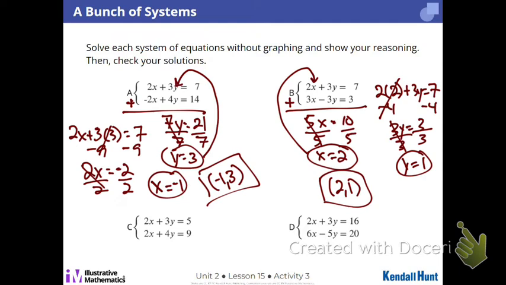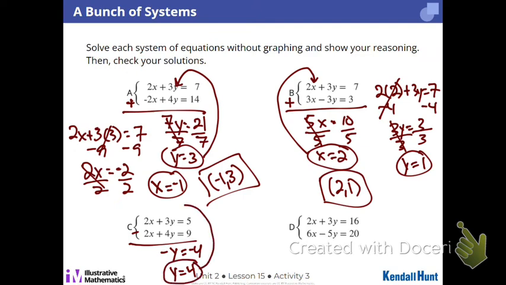Next one, I can't add. So what am I looking to get to cancel? Subtract. I'm going to subtract or multiply everything in one of them by negative 1. Same thing. I'm going to subtract this time. So if I subtract 3y minus 4y is negative y, 5 minus 9 is negative 4, which means y is 4.